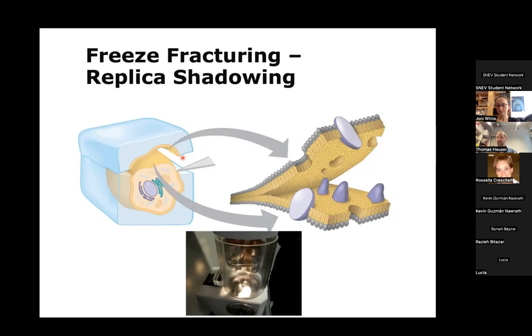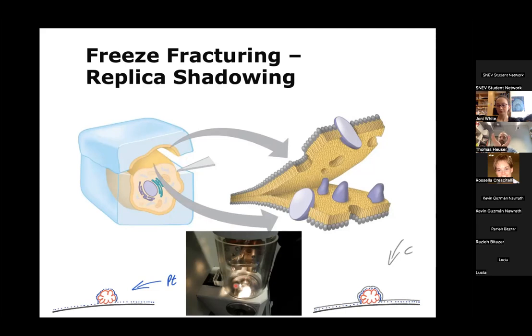What we're doing now is applying heavy metal, this time with shadowing. So we would use a heavy metal, typically platinum, and evaporate this on both of these halves. And then, as a technical detail, we put another layer on top of it, a carbon layer. Then we can take the sample out of the vacuum and warm it up.